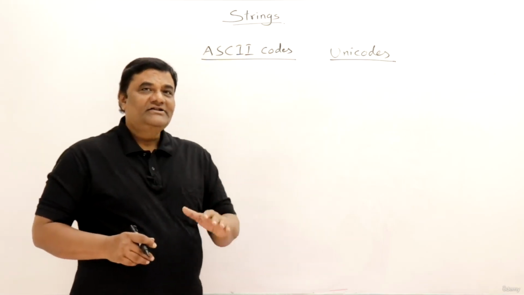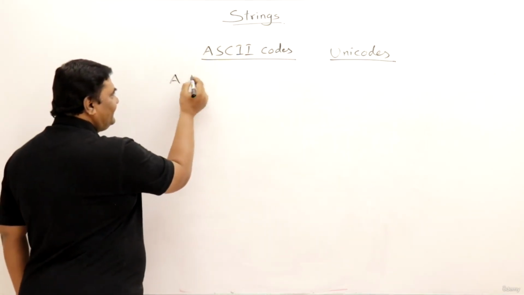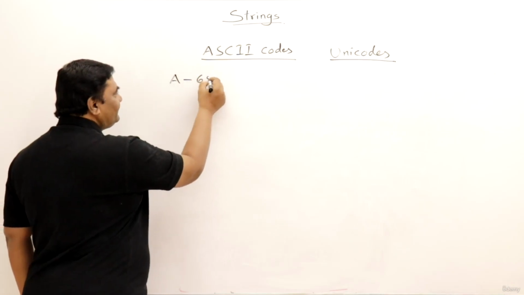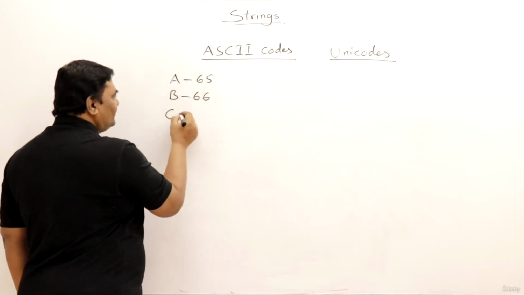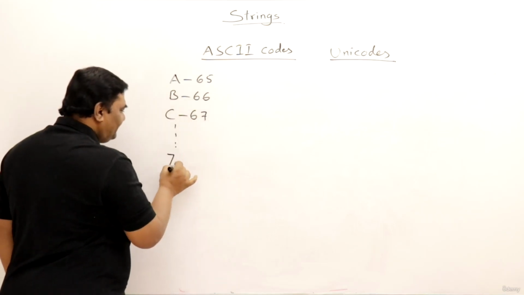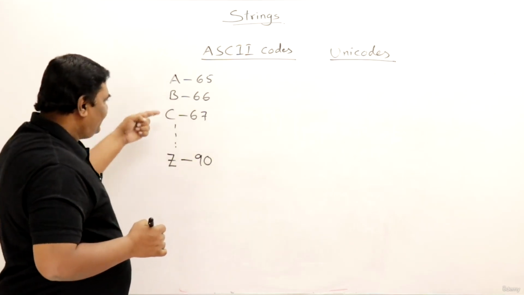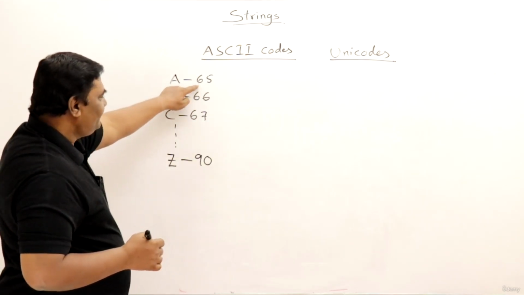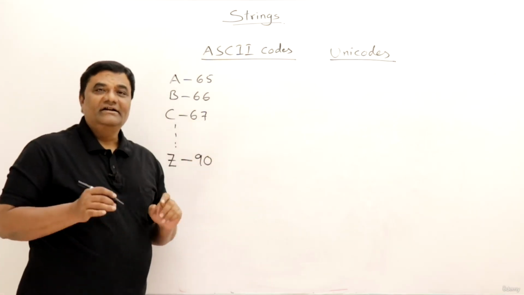So let us look at English alphabets. For capital A, uppercase A, the ASCII code is 65. Then for capital B, it is 66. Then 67 and so on, like this up to capital Z, and for capital Z, it is 90. So these are uppercase letters, and the codes are starting from 65 up to 90. There are a total of 26 alphabets in the English language.